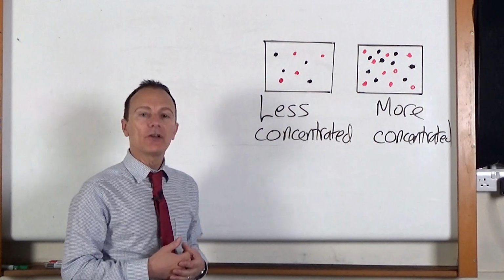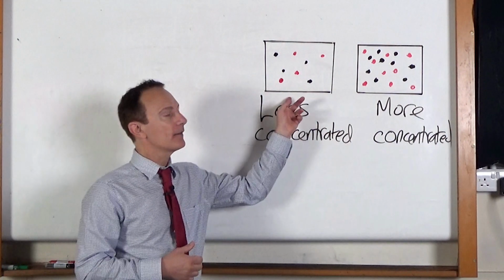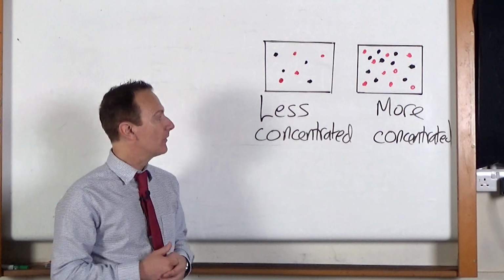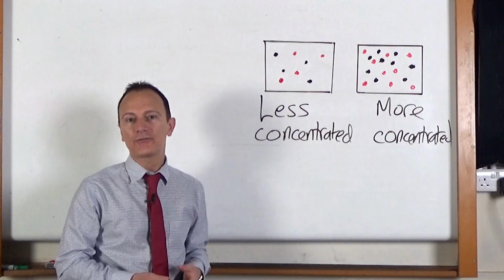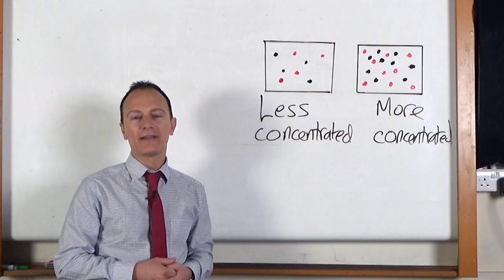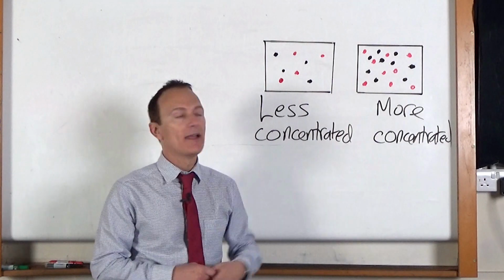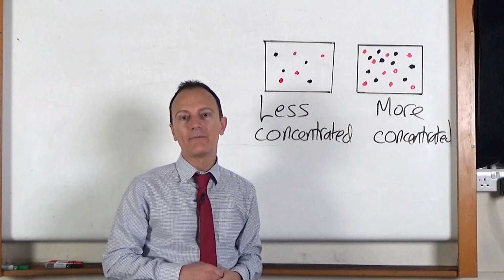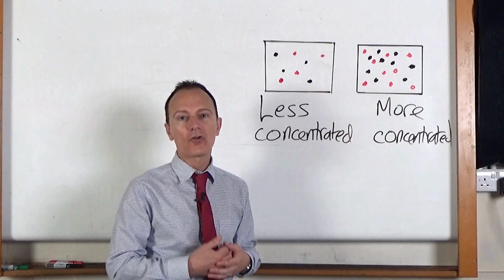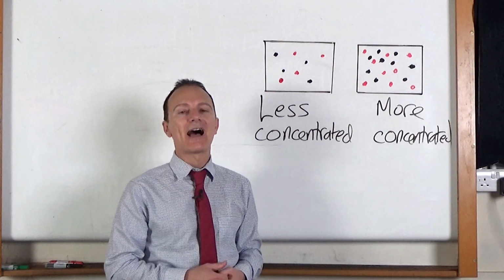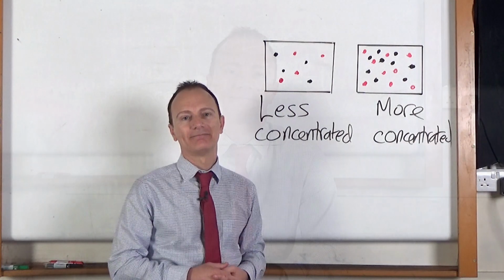If you use less concentrated reactants, the particles are less crowded, or there's less particles in the same volume, and therefore there'll be less frequent collisions and a lower rate of reaction. If you use more concentrated reactants, there's more particles in the same volume, or you could say there's more crowded particles, therefore there would be more frequent collisions and a higher rate of reaction.